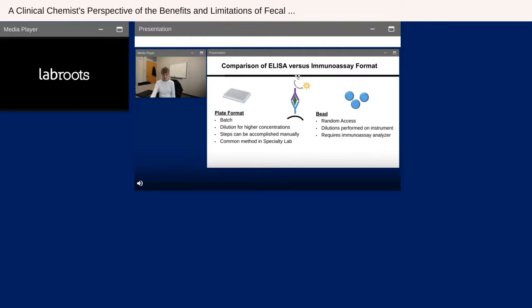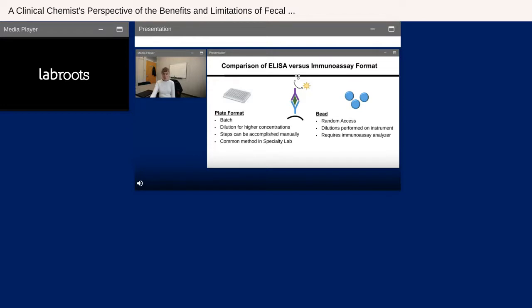The other option that people can consider for bringing in calprotectin is the beads. The immunoassay is conjugated to the beads, and the sandwich ELISA happens on the bead. The thing that's great about beads is that it's random access. You can pop the specimen on the instrument and get the results usually within 20-30 minutes.